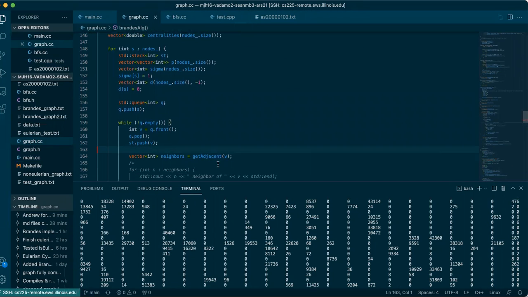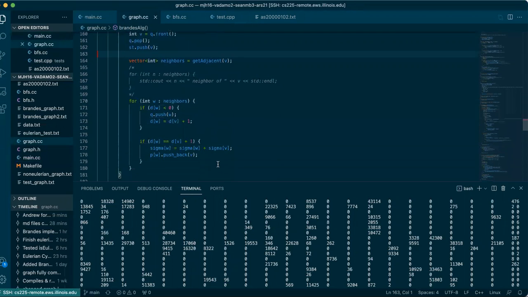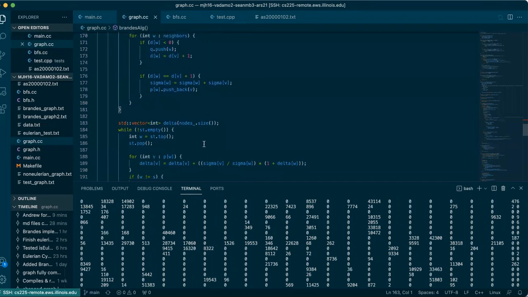That way we didn't have to loop through all the edges or all the nodes each time, to speed up the runtime. And yeah, as far as the output went, or actually let's talk about the testing first.